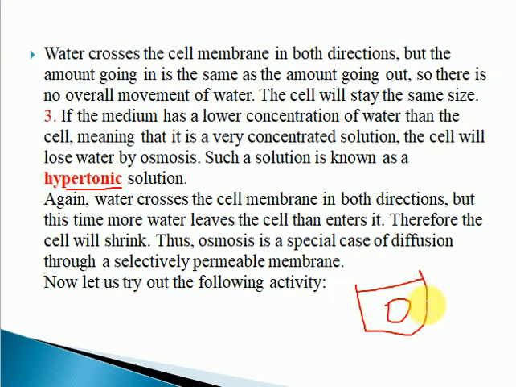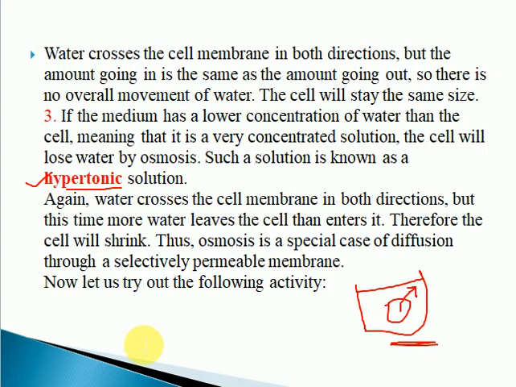Now the concentrated solution has less amount of water and the cell has more amount of water, so water would move from the cell to the outside solution, and as a result this cell would shrink. And this shrinkage of the cell is happening in which case? In case of a hypertonic solution.